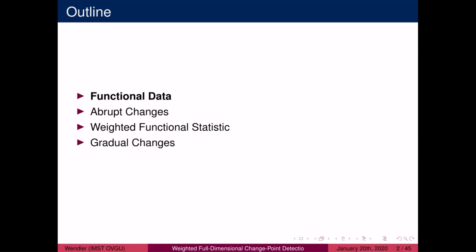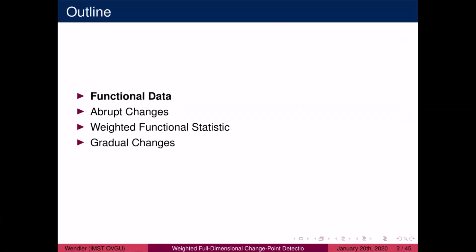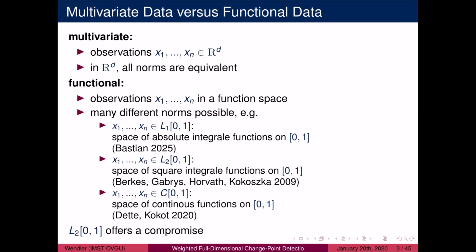This is a little recap of things I've done in the last 10 years. The last two are the new stuff, which I did together with Claudia Kirch, also from Magdeburg, and Hedvika Ranosova from Charles University in Prague. We will talk about this weighted functional statistic, and then also not about abrupt changes, but gradual changes in the end.